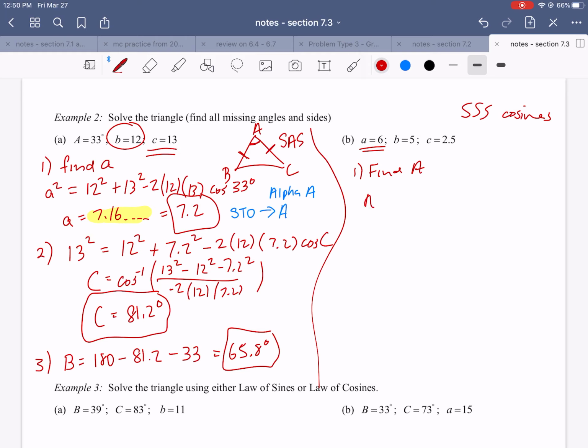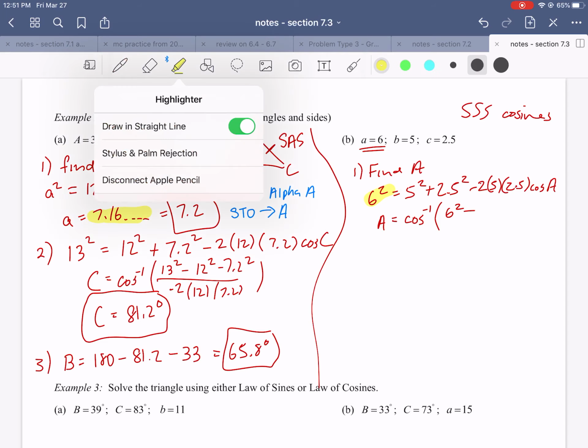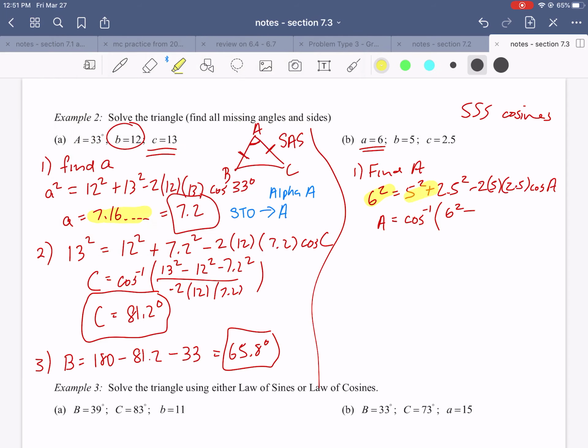What I know is that we're going to start with the version of the formula where A squared is on the left-hand side. So 6 squared is equal to 5 squared plus 2.5 squared minus 2 times 5 times 2.5 times the cosine of capital A. Rearranging that so that we get A by itself, we're going to have cosine inverse of, starting with the left-hand side right here, 6 squared, subtracting over these two squareds here.